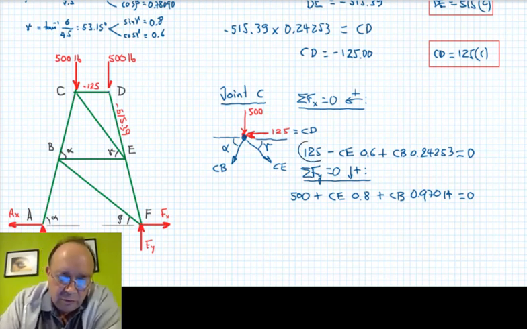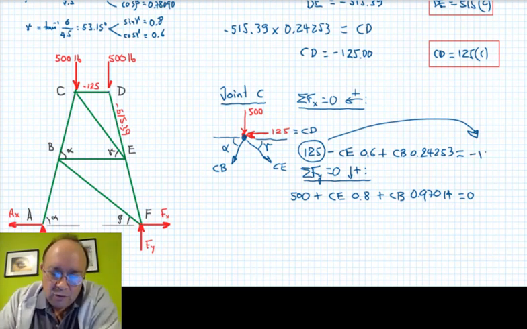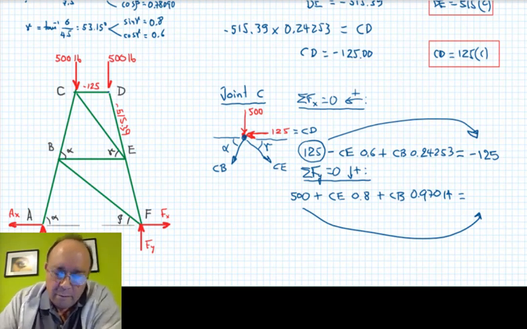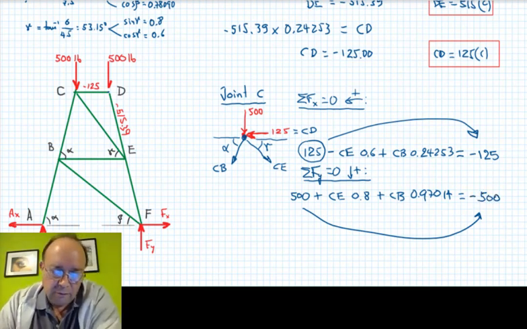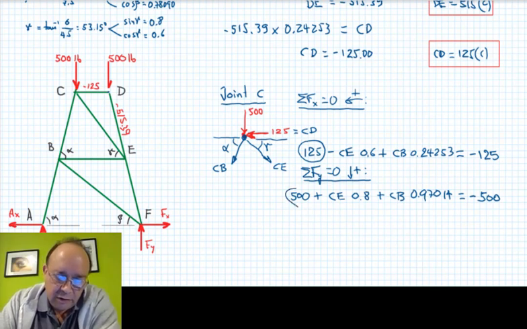We can move this 125 to the other side of the equation, and we have minus 125, and then same thing with the 500. We can move it to the other side and put here minus 500, right?